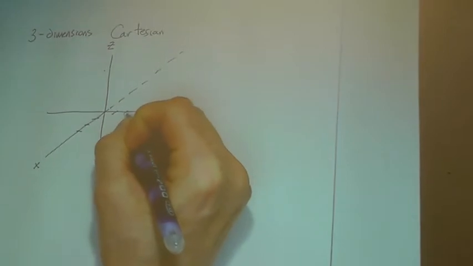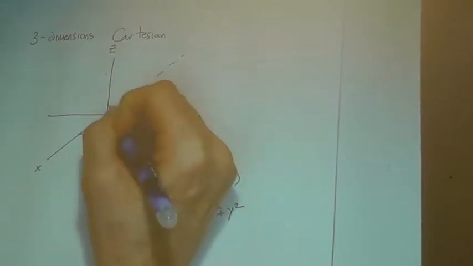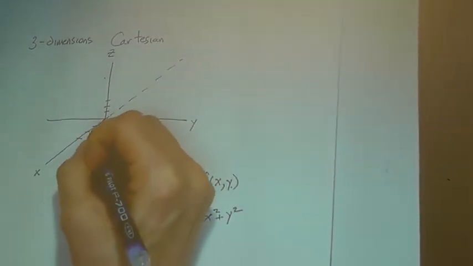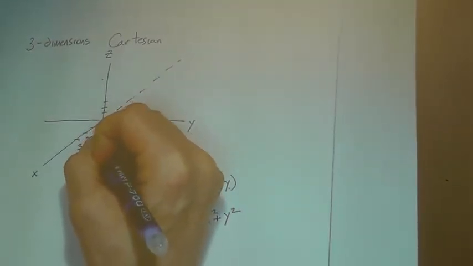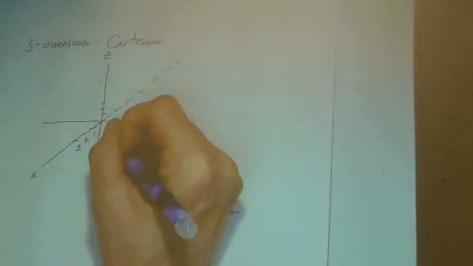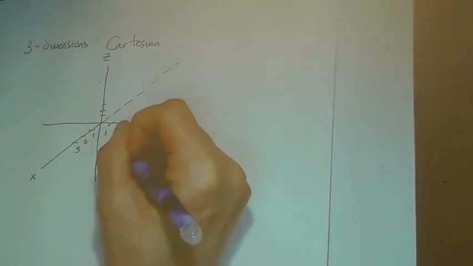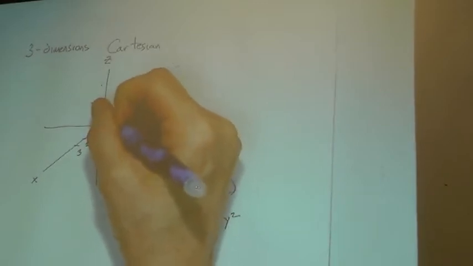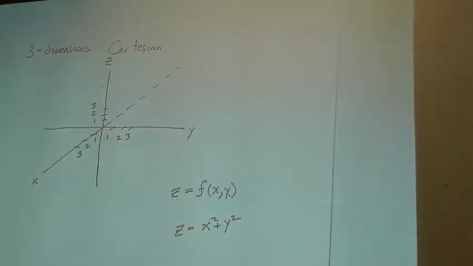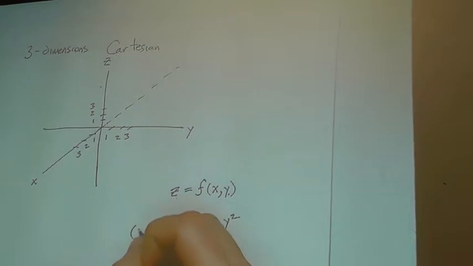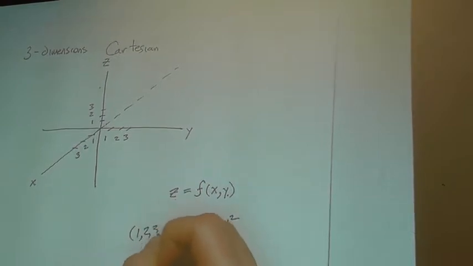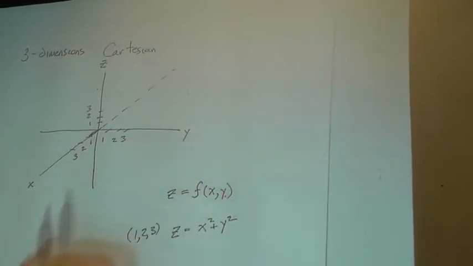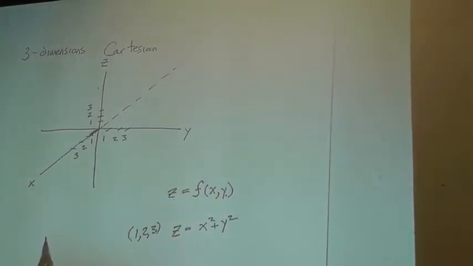So if I go in Cartesian coordinates to plot a point along here, positive X comes out from the page, positive Y goes to the right, and positive Z is up above. And if I went to plot a point 1, 2, 3, then I would come 1 unit in the X direction.